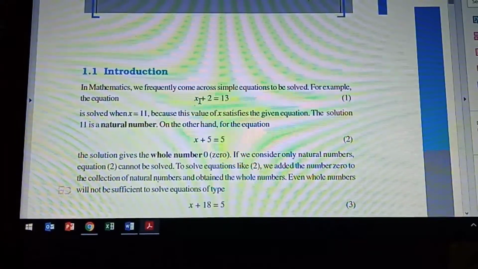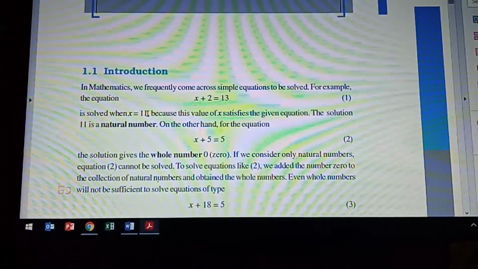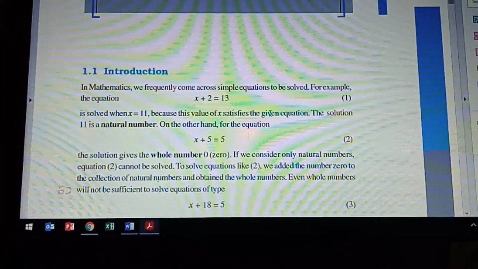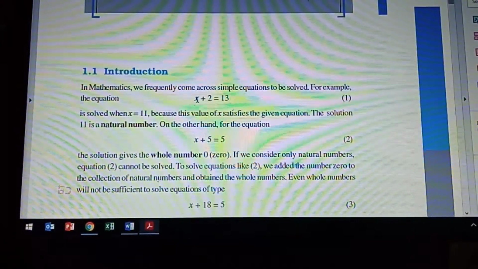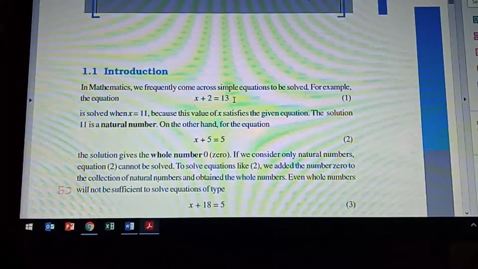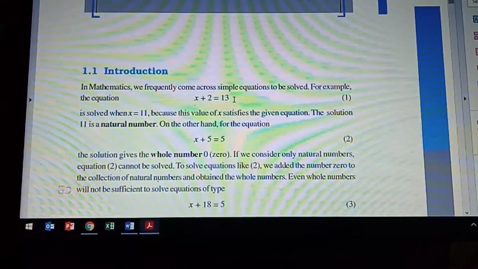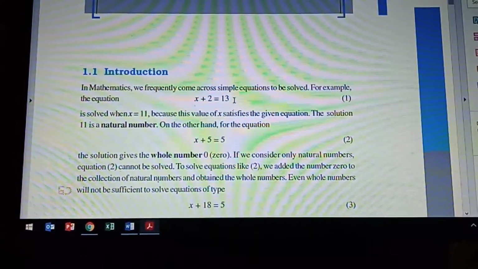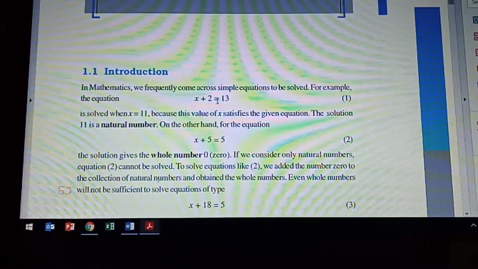Here it says the equation is solved when x equal to 11, because this value of x satisfies the given equation. If you put 11 plus 2 here, the answer becomes 13, right? So the solution of this equation is 11, which is a natural number. And 13 also a natural number, 2 also a natural number.